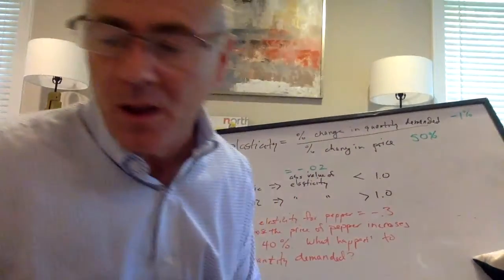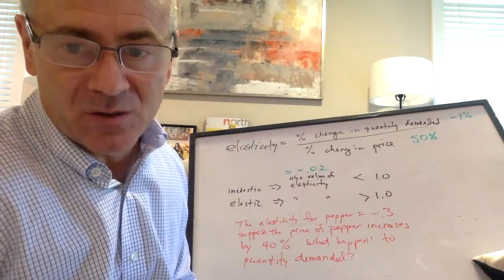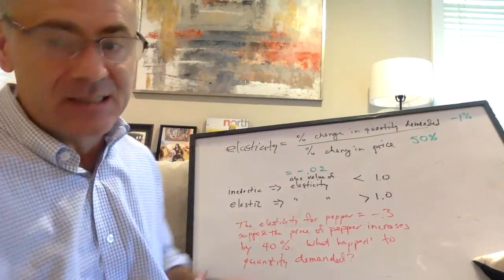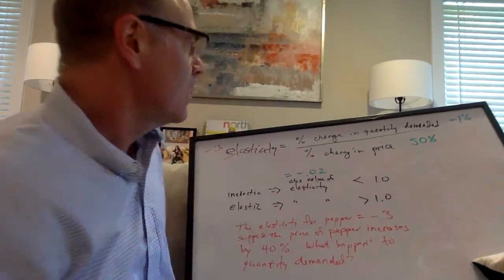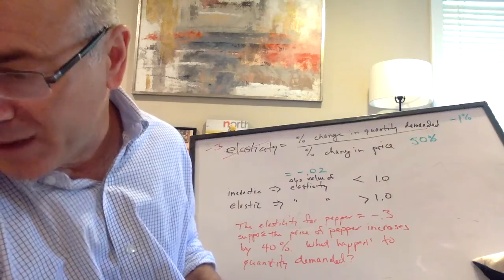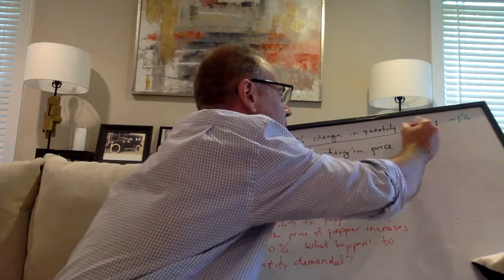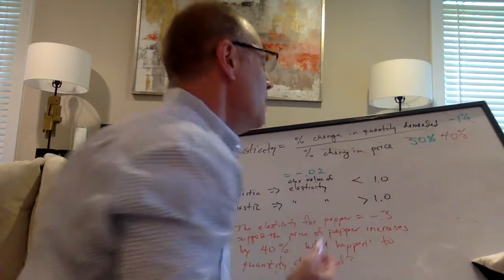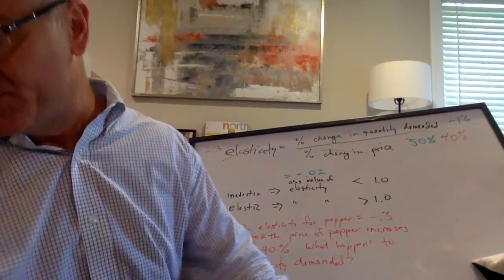The way you do that is you just use the formula for elasticity. I gave you that the elasticity for pepper is negative 0.3, and I told you that the price of pepper increased by 40%. What happens to the quantity demanded?